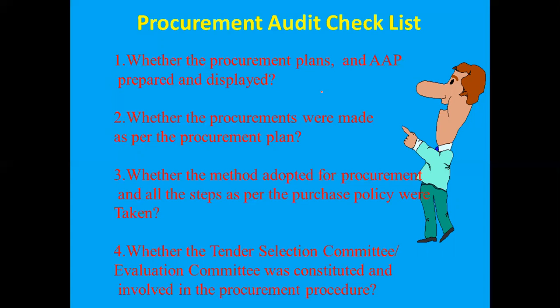So whether the procurement plans and audit checklist are prepared and displayed or not, whether the procurements were made as per the procurement plan or not. So this information is regarding government procurement or government tendering processes. Okay.